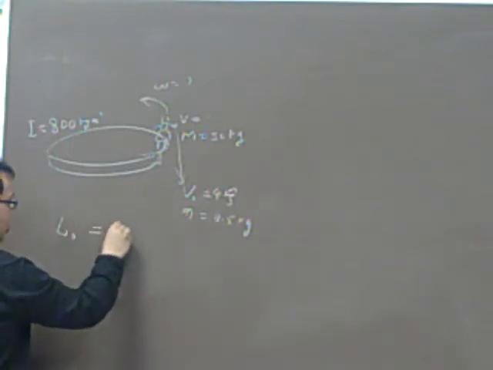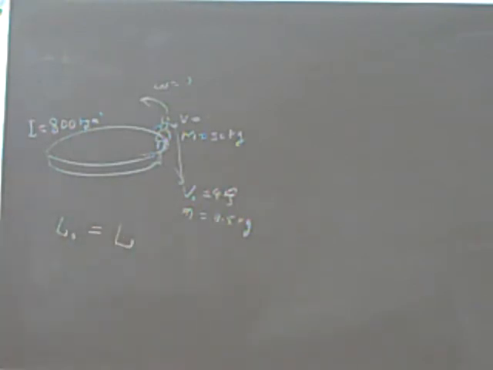Initial angular momentum should be the same as the final angular momentum. For the system, what is the initial angular momentum? It's not moving, so it's 0. Angular momentum is a quantity to characterize the rotation, so if nothing is in rotation, the angular momentum is 0.